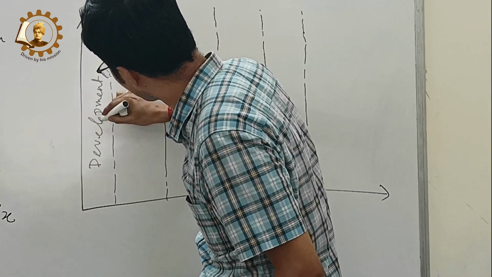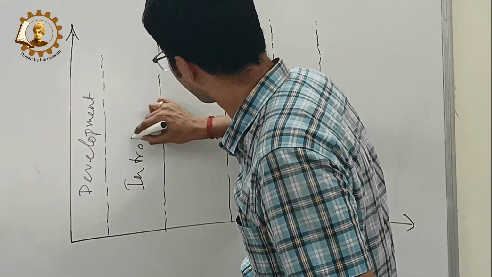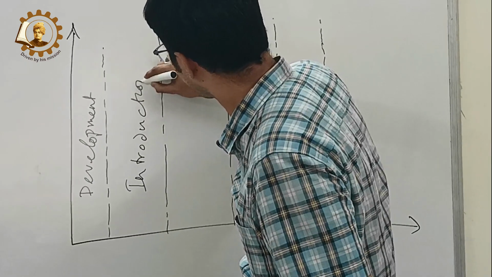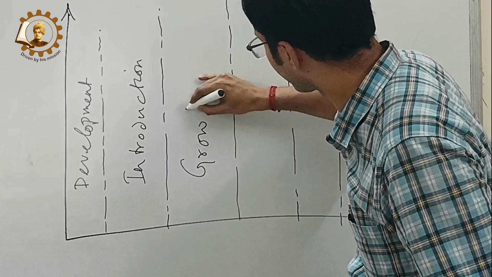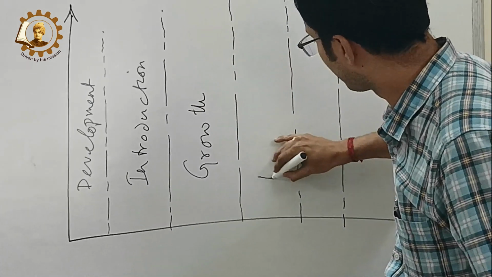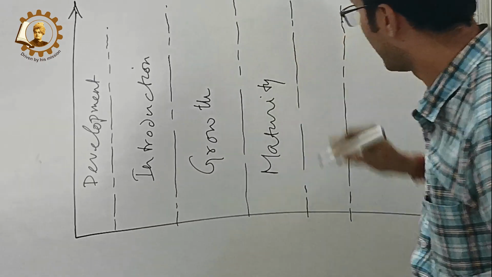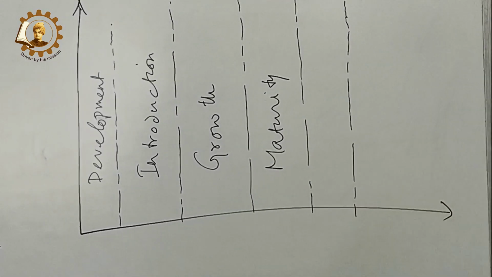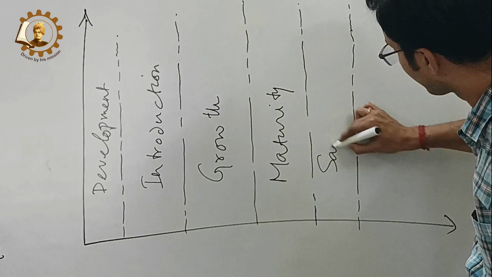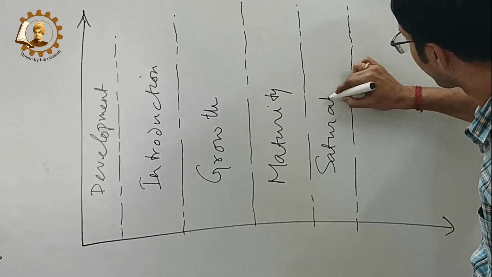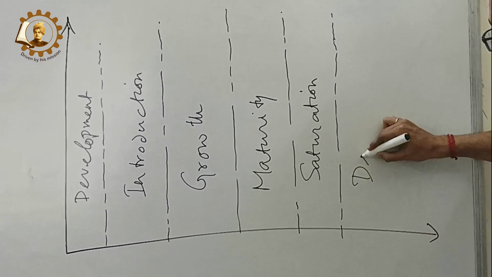Then it is the introduction phase, then maturity. And what happens here is after this maturity phase, you have a saturation phase. The product gets saturated in the market and then starts the decline phase.